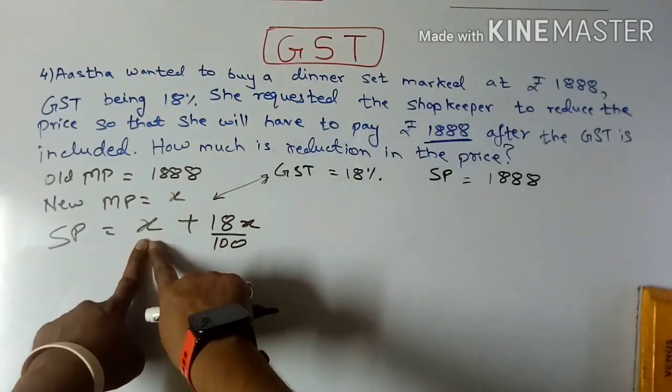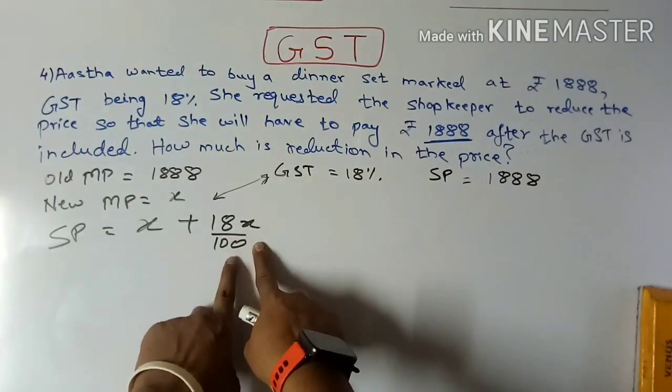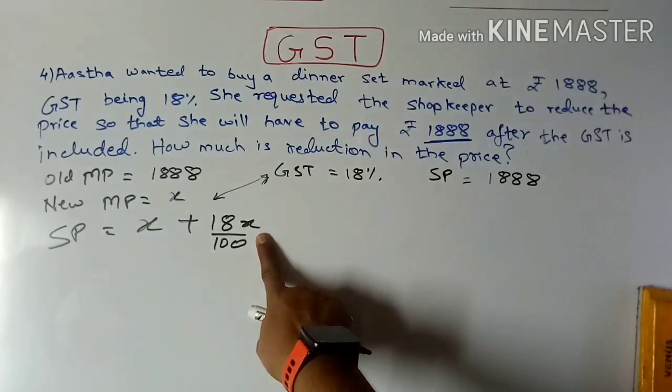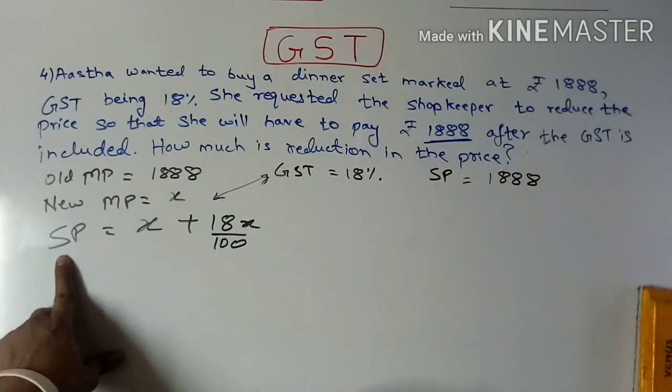So if the new marked price is this much, GST on it will be 18 by 100 into X. With that we'll get the new selling price.